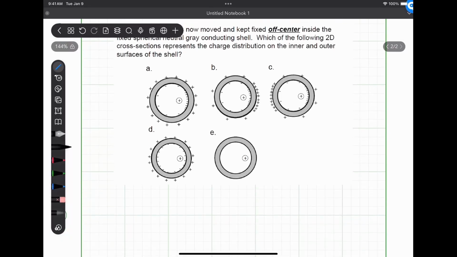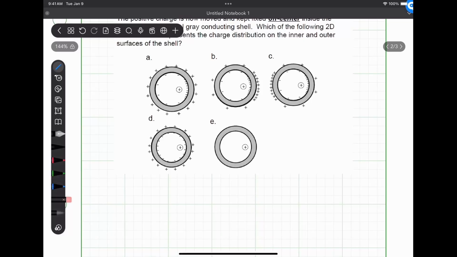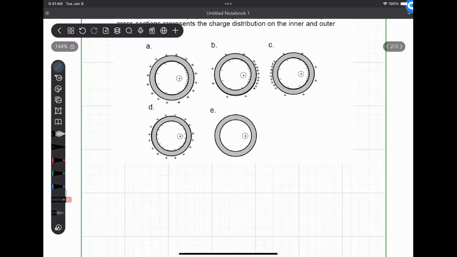So you might be tempted to think, oh, it might be a case like B or C. But we know for sure that it cannot be E, because the charges inside, just like the previous case, are going to want to move to cancel out the E field with the positive charge. They're not going to just have no effect on each other. There will be movement of electrons, and from that we will have an induced charge somewhere.